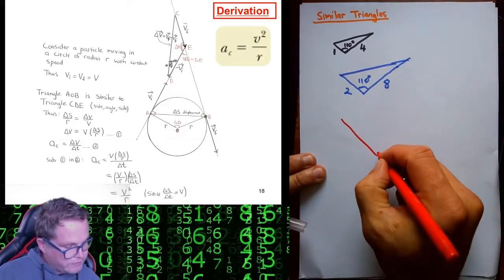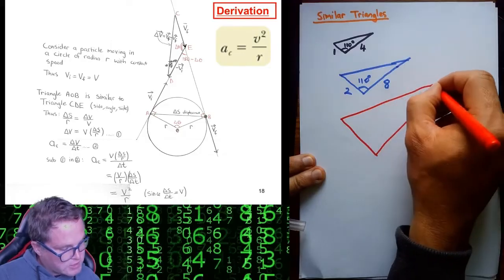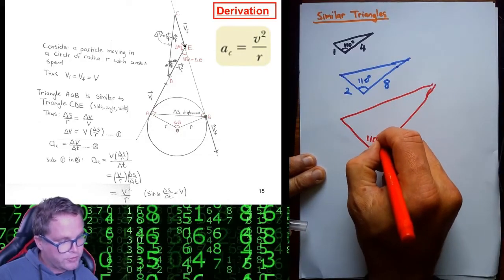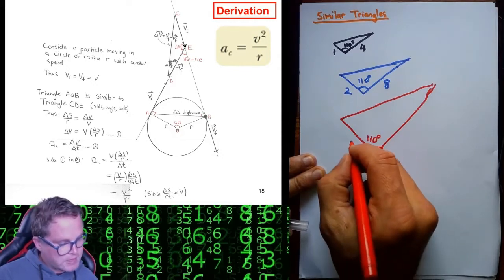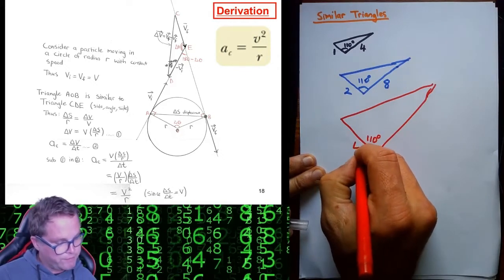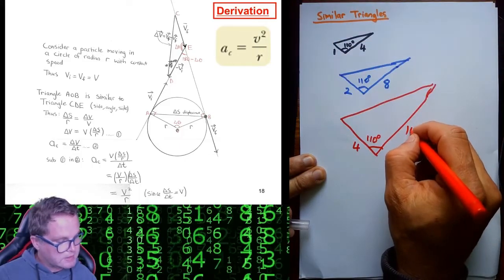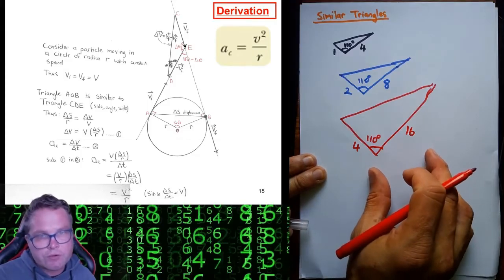An even bigger version might look like this, right? This bigger version would still have 110 degrees, and in this case, its length might be 4 times the 4, and maybe this length is 16. So it differs by a magnification factor of 4.